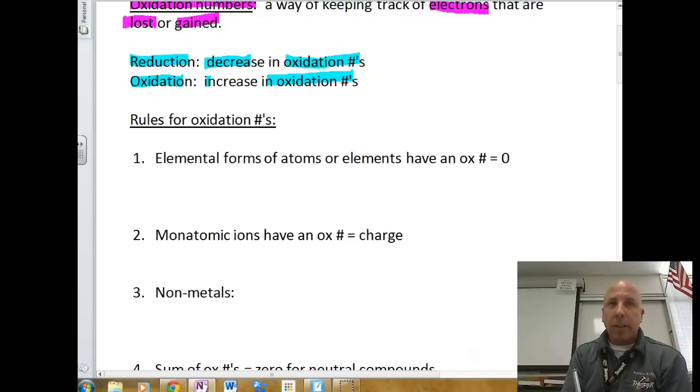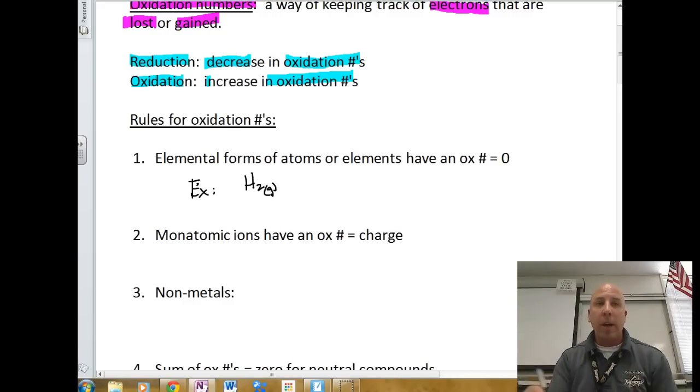So our first rule for oxidation numbers is that any elemental form of an atom or element has an oxidation number of 0. And so what that means is, I'll give you a couple examples here. Let's say hydrogen gas. Hydrogen gas is elemental. This is how you will find hydrogen at 1 atmosphere, 25 degrees Celsius.